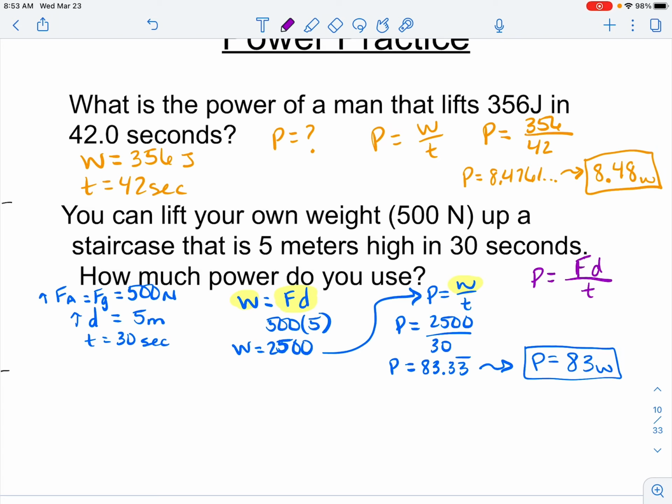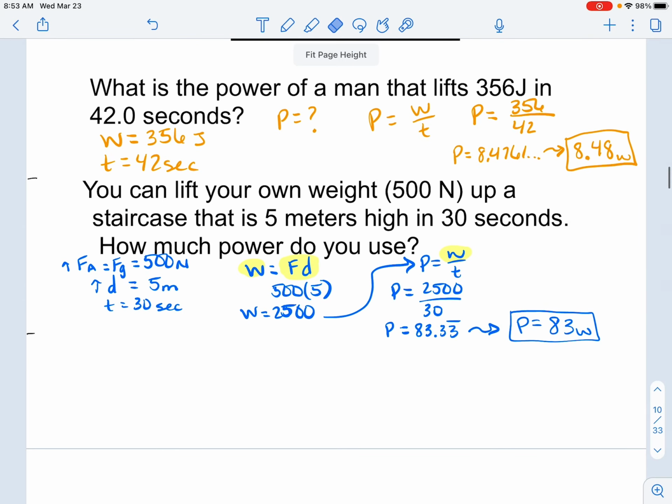There are going to be some two-step situations that you're going to need to do quite often. And if you get more comfortable and you understand, oh, it's just going to turn into this, I would love to see you write it out as power is force times distance over time. If you're not ready for that, if that's not how your brain works, if you have to say, no, I've got to go find my work, and now work goes in the power equation, then by all means do that. Either method, if performed correctly, will give you the right answer every time.